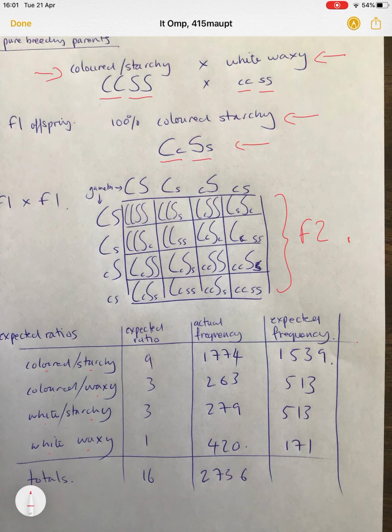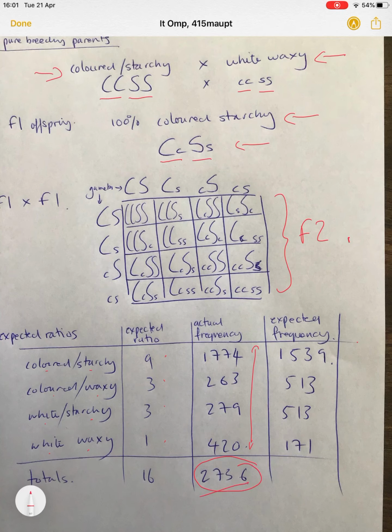Now, the question asked, what can we say about the occurrence of these two particular genes? Well, when we had the actual frequencies, we got these numbers here. Do they fit this ratio? That's the question. And clearly the answer is no, because if you add up the total offspring together, you get 2736.